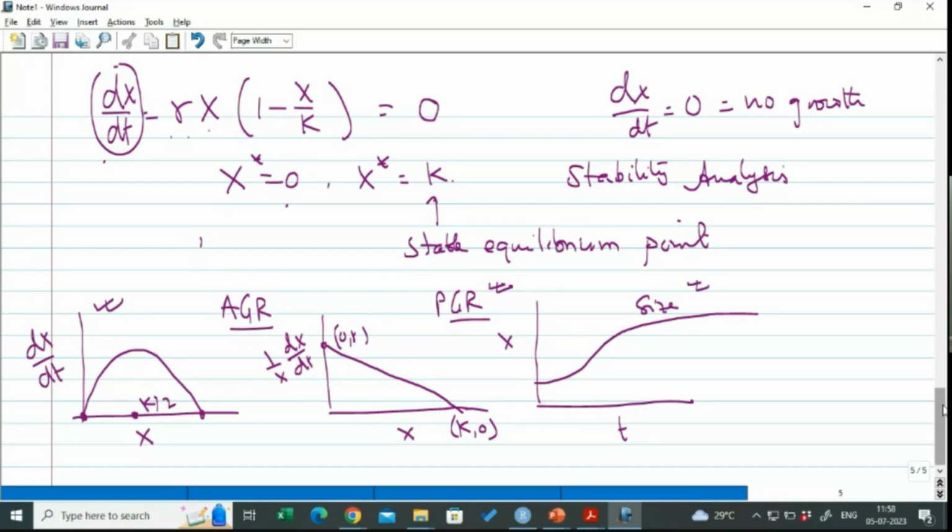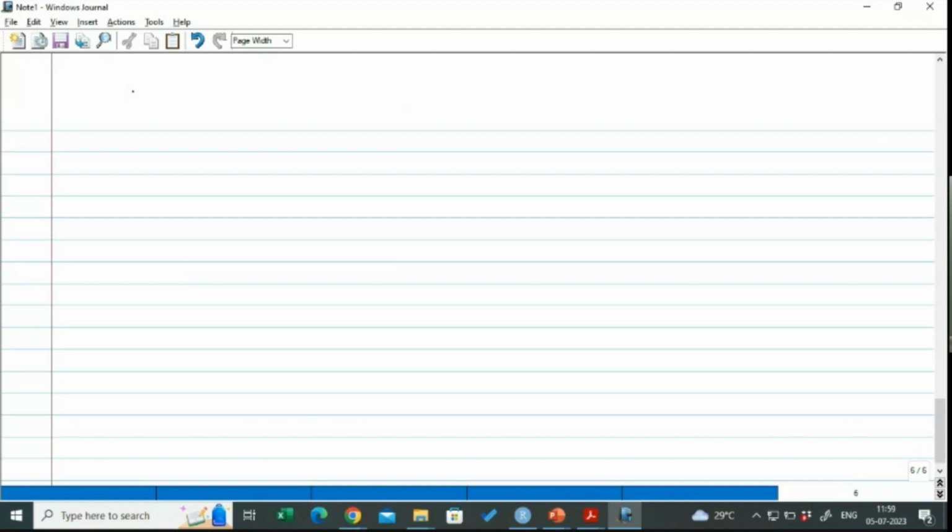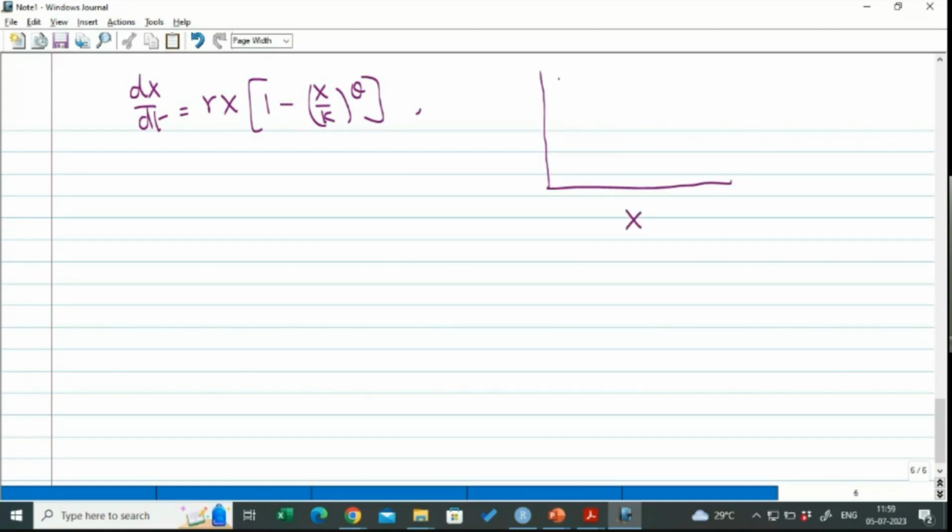right? And in the same fashion, when we consider that dx/dt equals rx(1 - x/K) raised to theta, do you see that there is asymmetry happening? How is that? This is dx/dt.